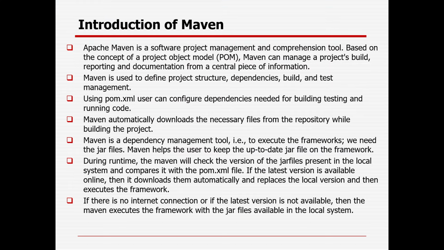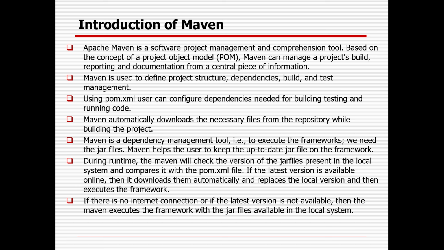Okay. Before that, I can also give some introduction to Maven, why Maven came into the market, and why we are creating a Maven project instead of a Java project. Maven is a product from Apache. It's a software project management and comprehension tool based on the concept of project object model, called POM.